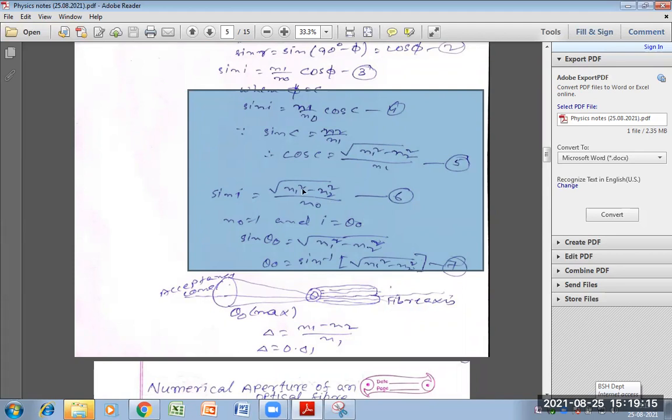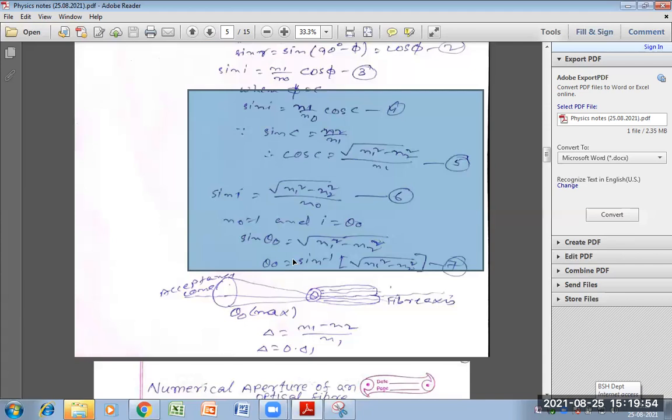So equation 6 can be written as sin theta naught is equal to root under N1 square minus N2 square, divided by 1. So theta naught is equal to sin inverse of root under N1 square minus N2 square. Equation 7, where theta naught is the acceptance angle of the fiber.